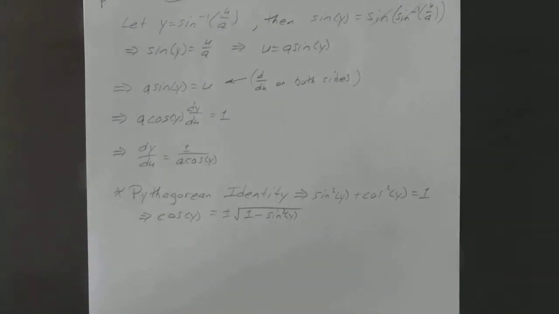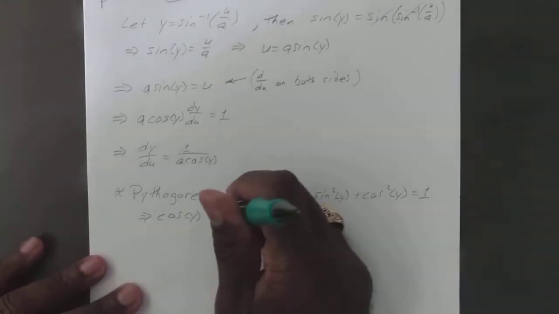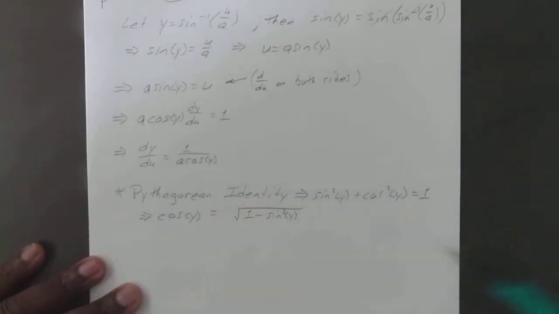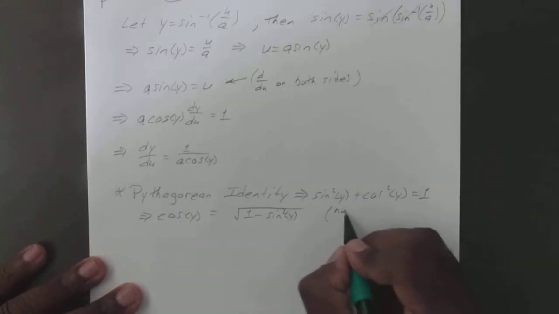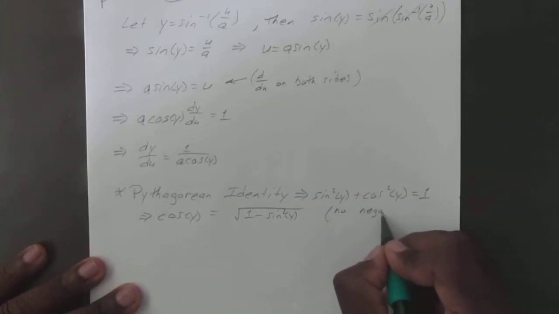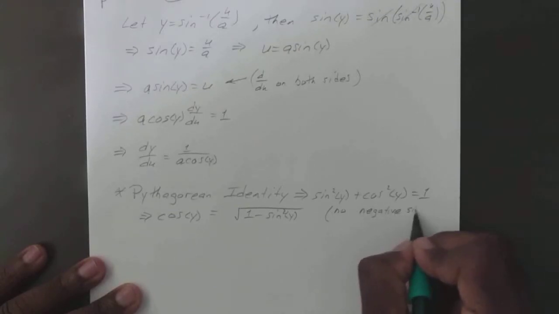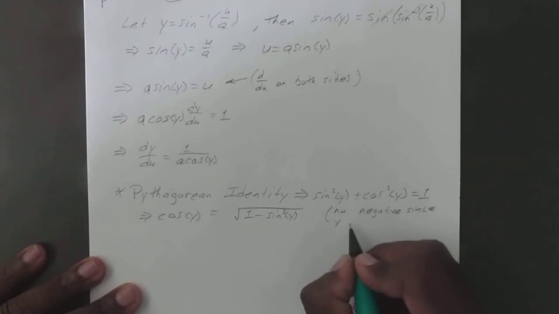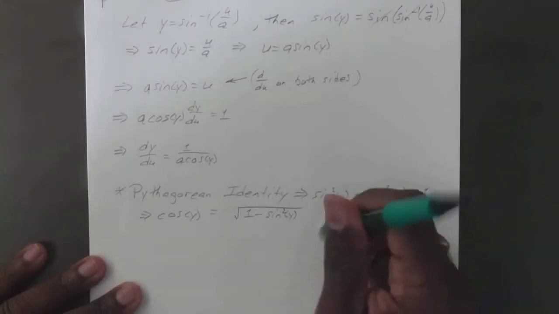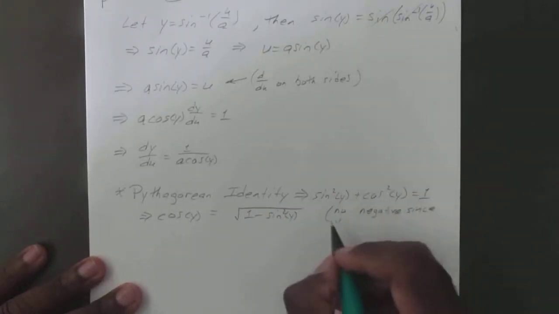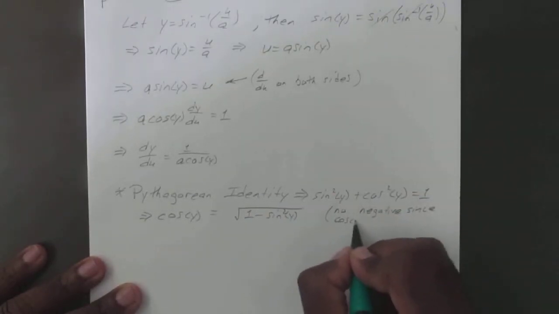Now we know cosine of y is positive from negative pi over 2 to pi over 2, so that's the interval we're going to work with. So we don't need the negative for this one, since cosine of y is positive.